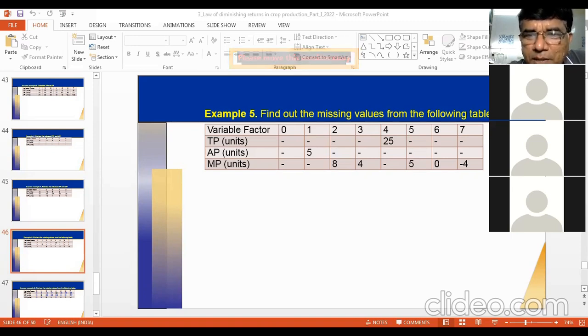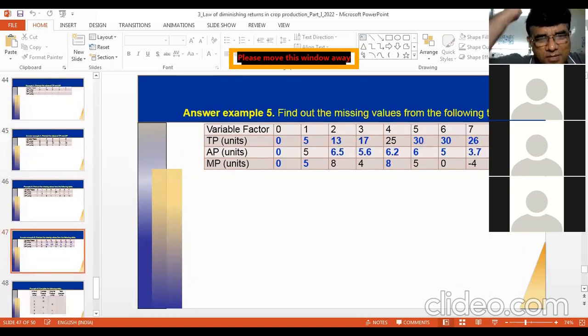And then you have AP and many MPs are available, so you can work out TP and AP. I think I can do it, but here it is difficult to explain. If you give me paper and pen, I will do it. Same way, you understood it. So you can check the answers.